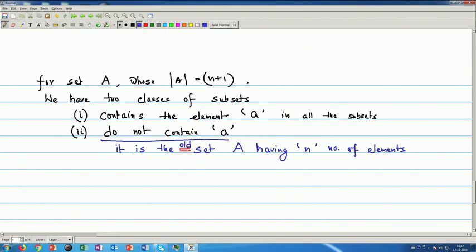That means, if we consider the old element set, say this is the power set of y.